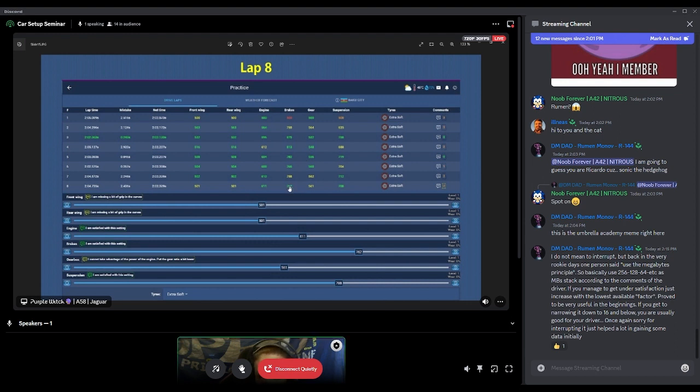The brakes are between 762 and 758. The gear is between 561 and 560. And finally, the suspension is between 704 and 708.